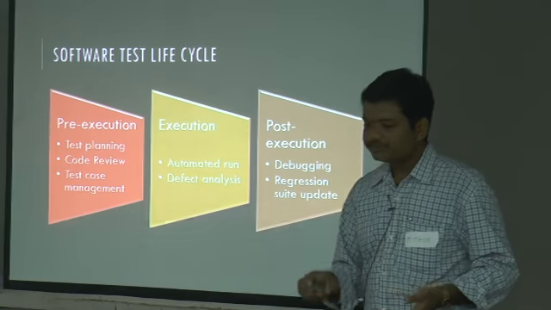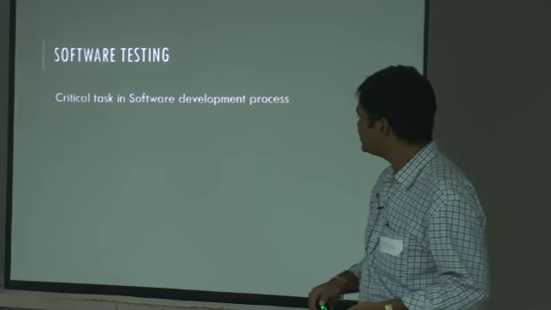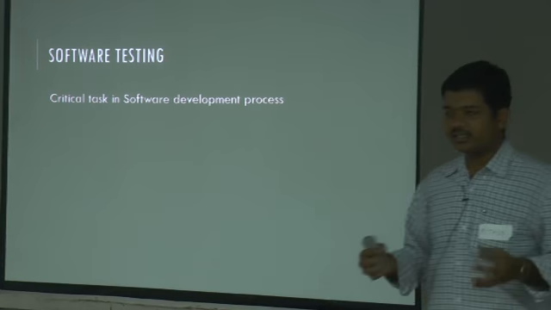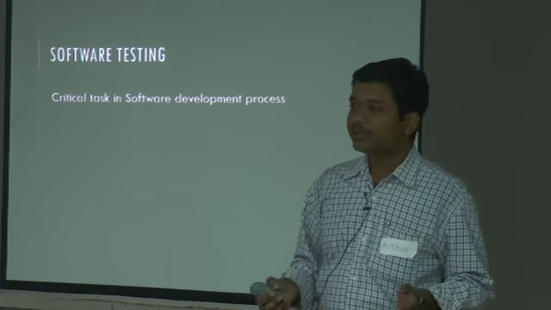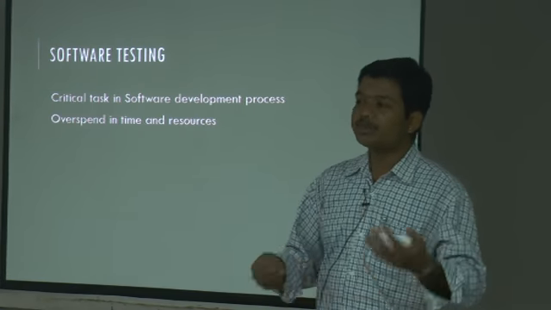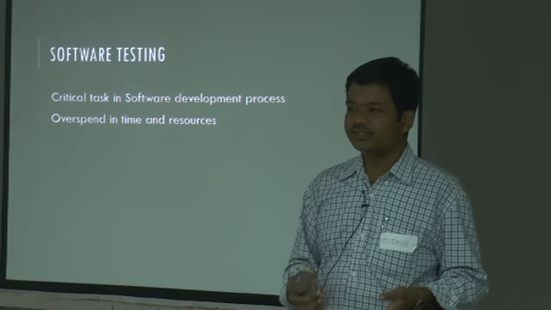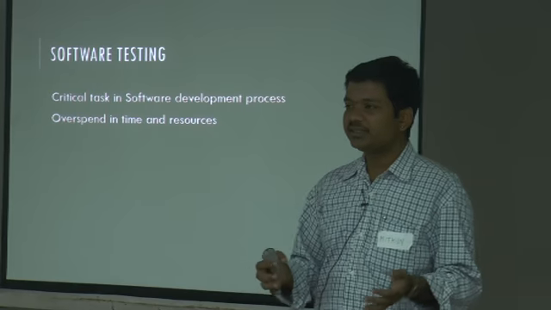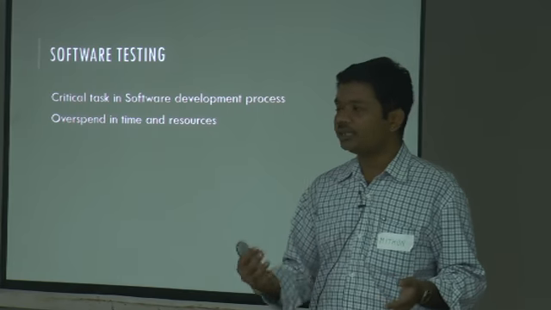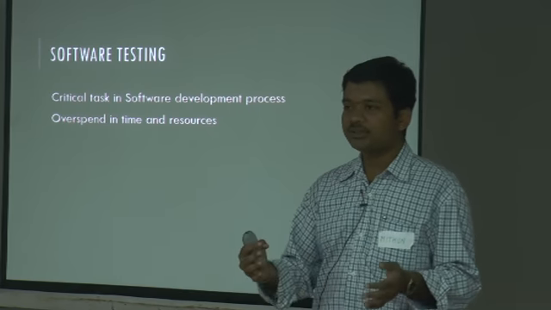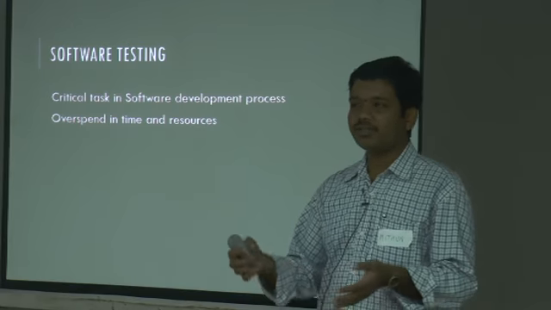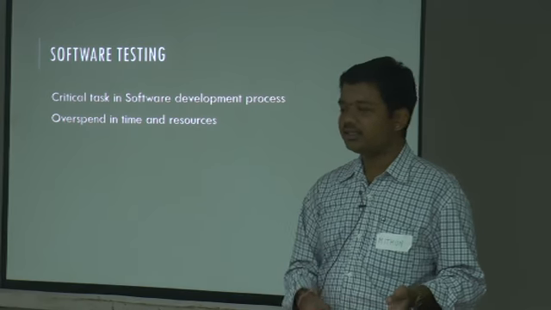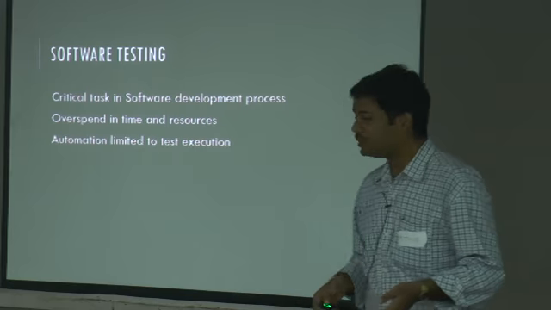Now, how can this change? In terms of software testing, it's a critical task in the entire SDLC. We also overspend time as well as resources when it comes to software testing. According to research, we overspend up to 90% of our time because some bottleneck is found during our testing phase, and there is a lot of manual intervention in the entire process.